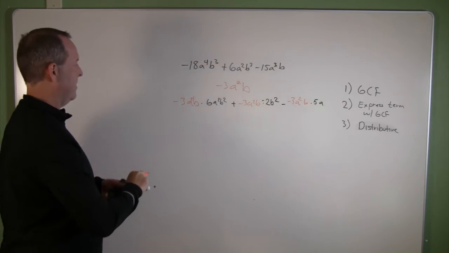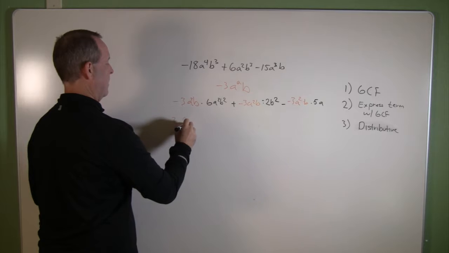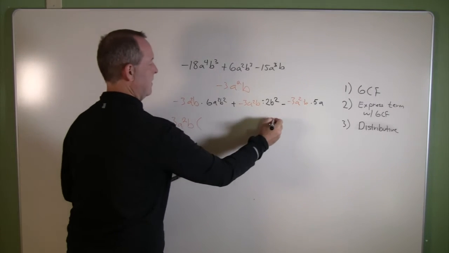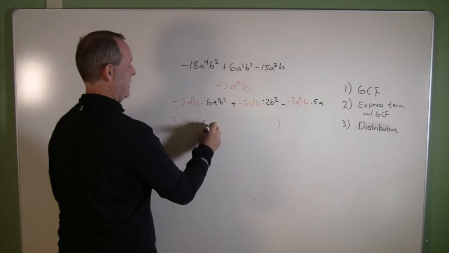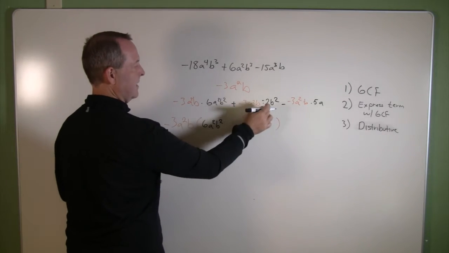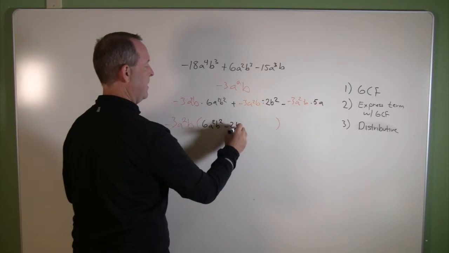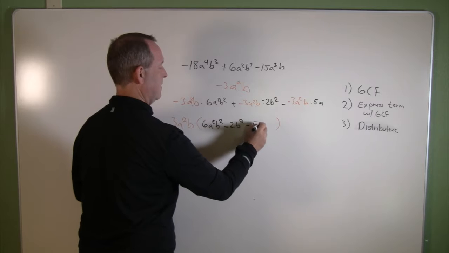To use my distributive property, pull out a minus 3a squared b, left with 6a squared b squared, plus a negative 2b, so minus 2b squared, minus a 5a.